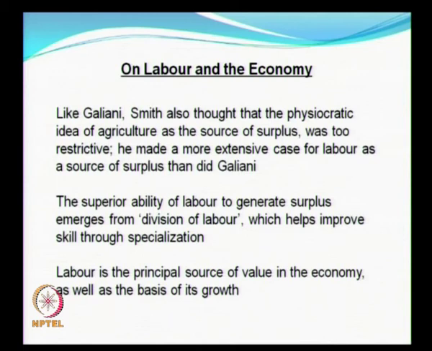So Smith goes on parallel lines, he agrees with Galliani there. He thinks physiocrats are great because they are talking of surplus in the system for the first time, that a system should generate surplus which should benefit the whole system and enable its growth. It is a great idea, but he says, look, not land, land is limited.